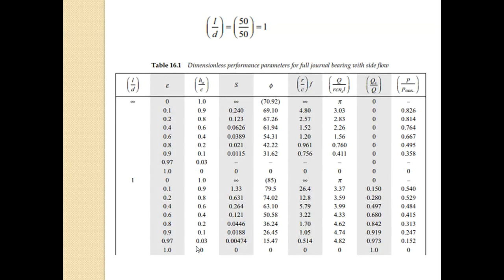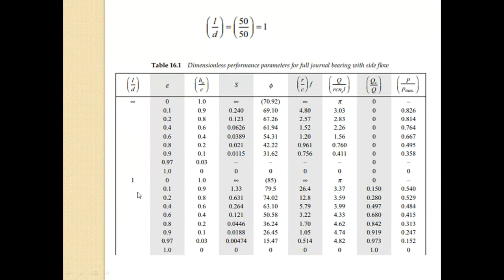Now see here, this is the chart, which was found by the Raimondi and Boyd method. Here the values of the L by D ratio are infinity, 1, 1.5, and 2. I have taken only this part.